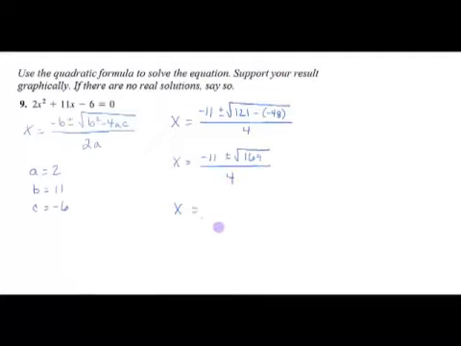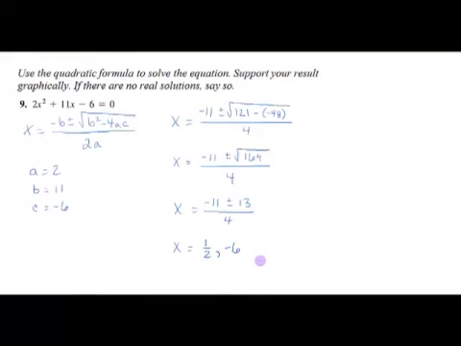So x is negative 11 plus or minus the square root of 169 is 13, all over 4. So x is negative 11 plus 13 is 2, divided by 4 is 1/2, or negative 11 minus 13 is negative 24, divided by 4 is negative 6.